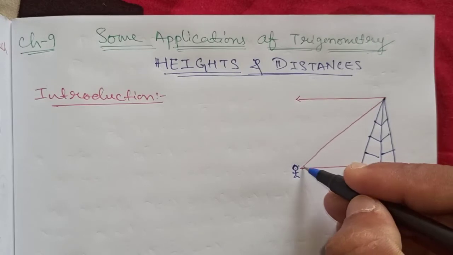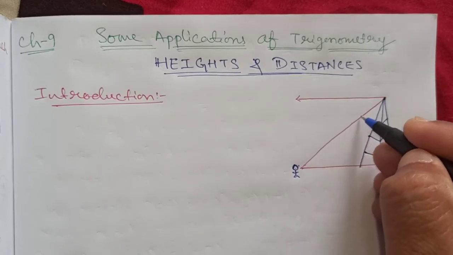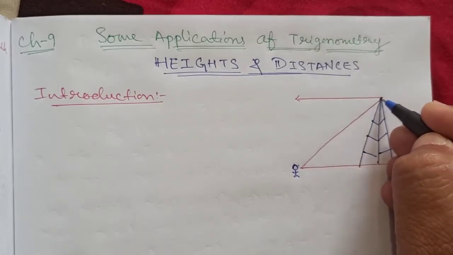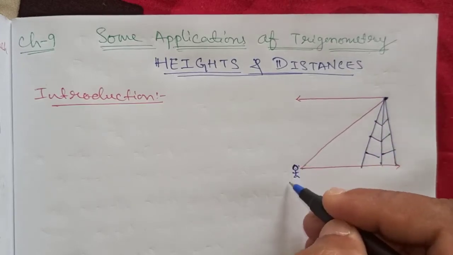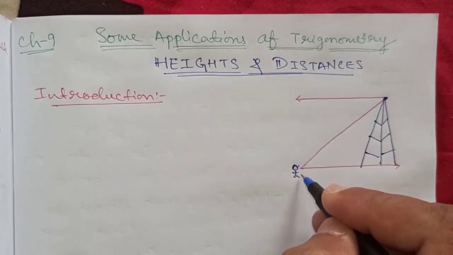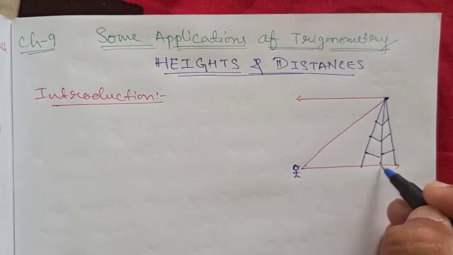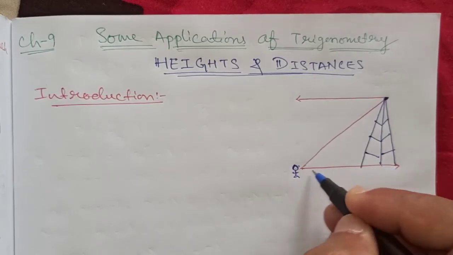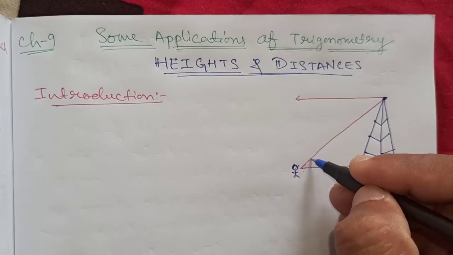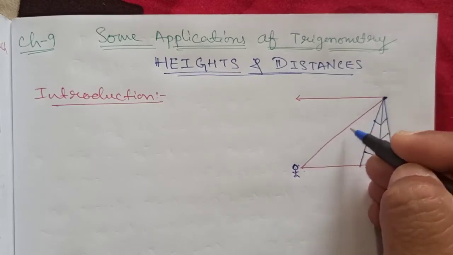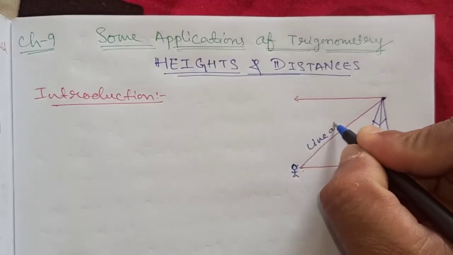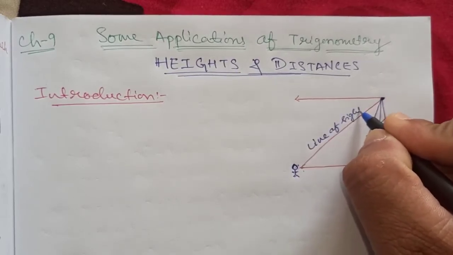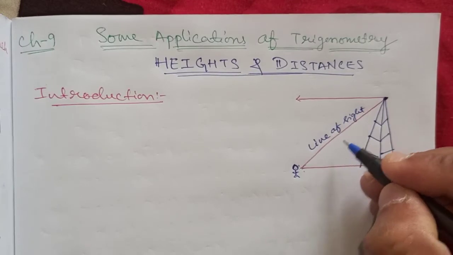And this is the line through which he will see the top of the tower. Sighting means he is seeing. This line is called the line of sight.